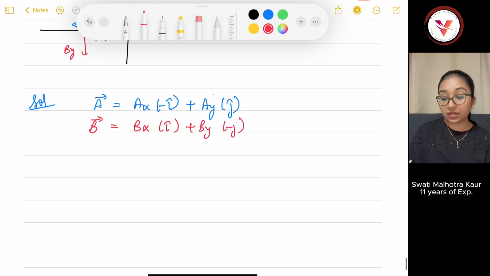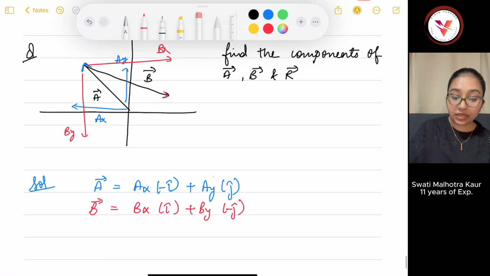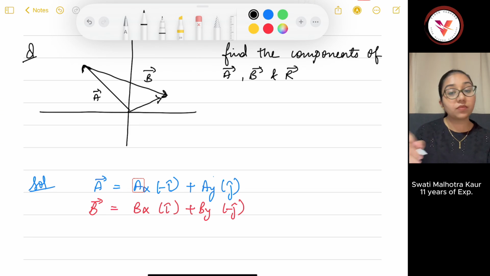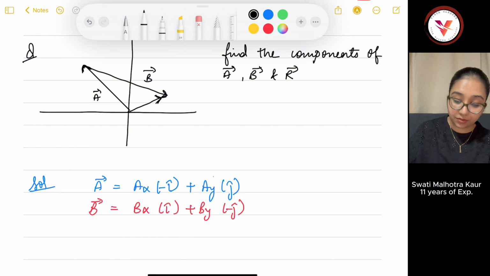Now for the resultant, we can use the triangular law, and then we can say where the resultant is, and then we can resolve it. If this is my A vector, this is my B vector, then the resultant should be here in the opposite direction. R should be here.